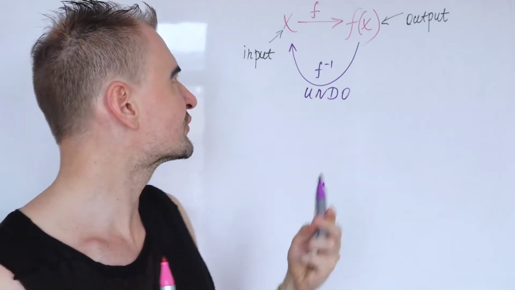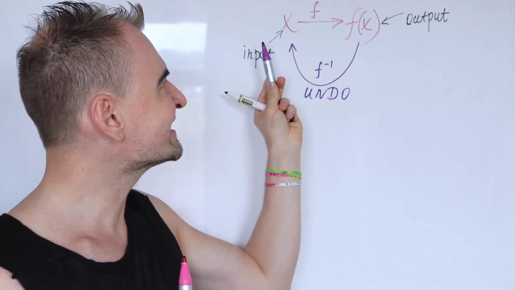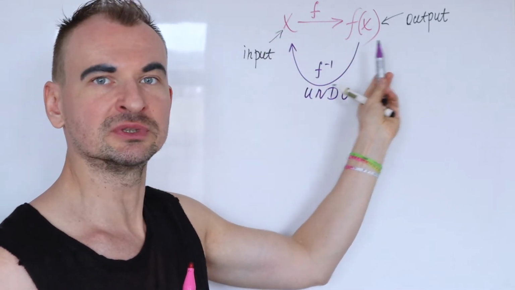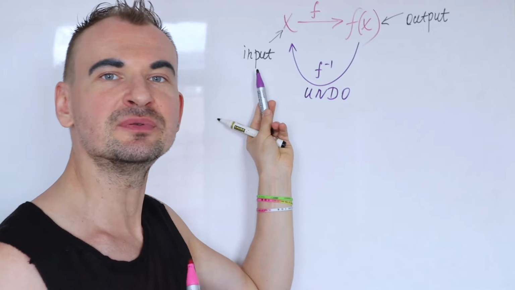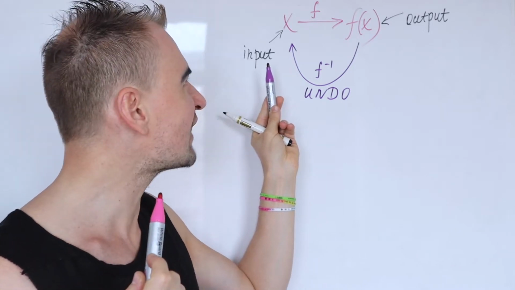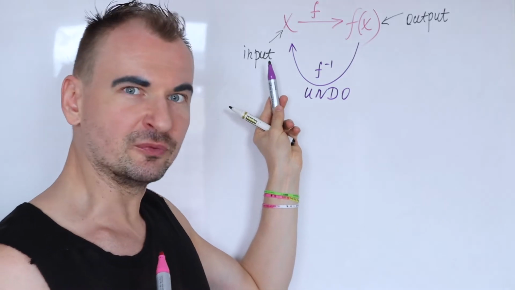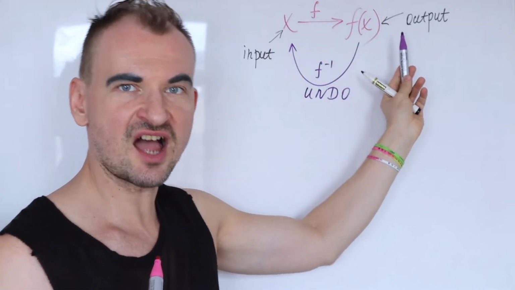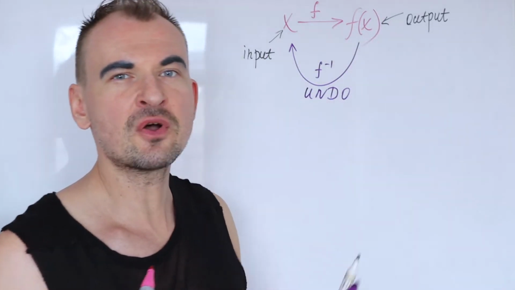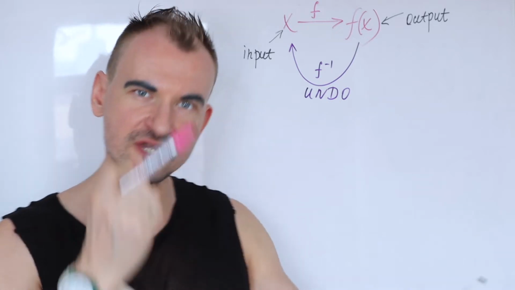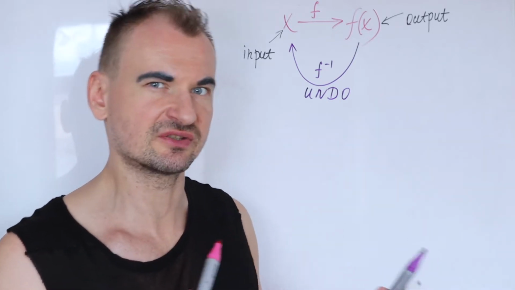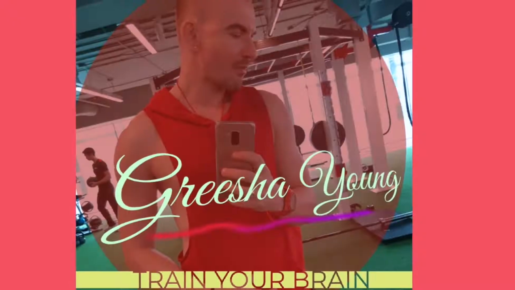In other words, if your function gives you output given the input, the inverse function gives you input given the output. So they are kind of inverse operations of each other.